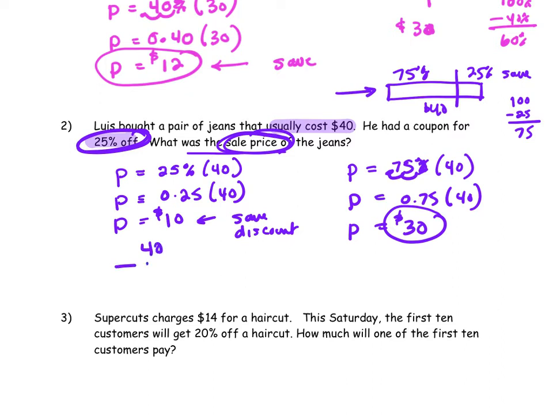We're taking off $10, which is the save amount, and we will still arrive at $30. So if you use this method, this is part 1 and this is part 2. If you want to do this in one step, you have to subtract the percent, 25%, from 100, and use the pay percent. Let's continue.